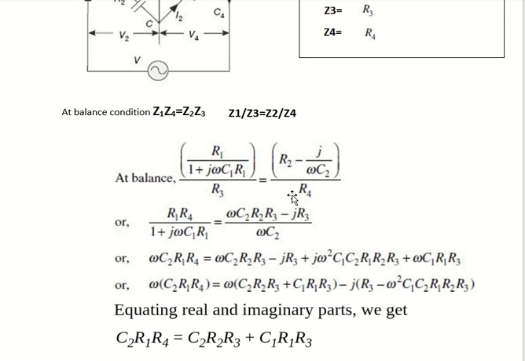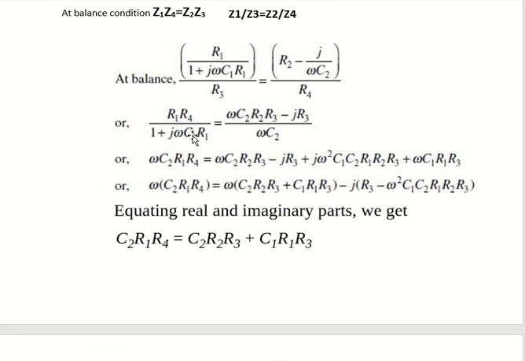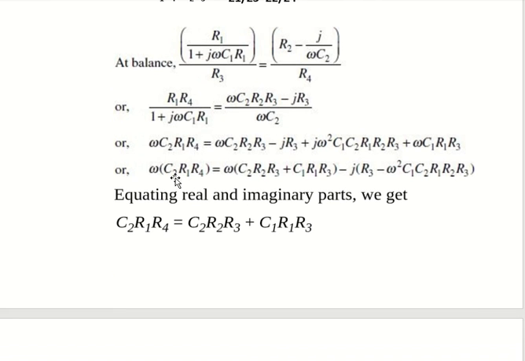Next cross multiply this equation. R1 R4 by 1 plus j omega C1 R1 equals R3 into R2 minus j by omega C2. Then take the LCM, you will get this equation. Next cross multiply again these two equations. You can do it in your notebook, then it will be clearer. So omega C2 R1 R4 equals this term; cross multiplying, you will get 4 components.